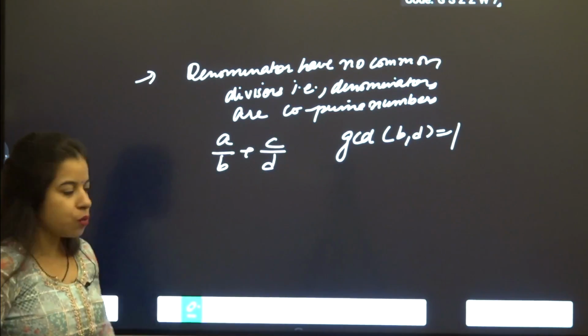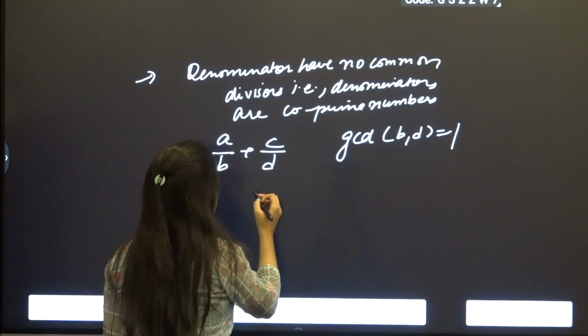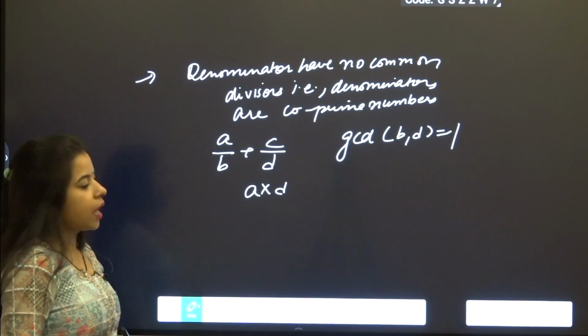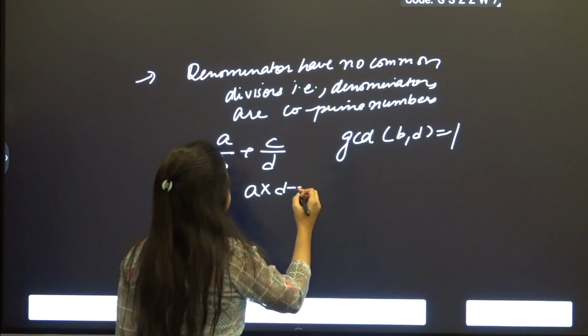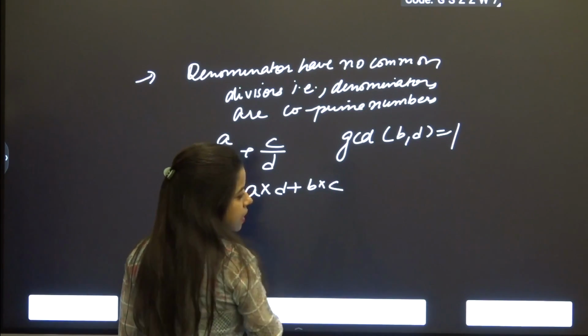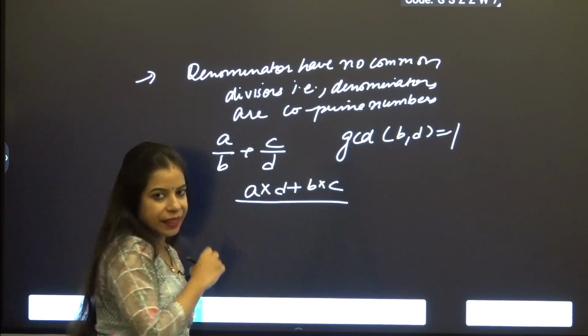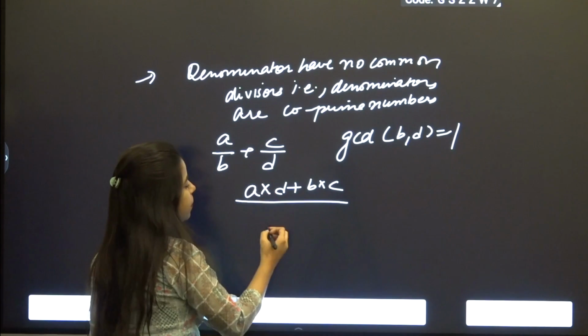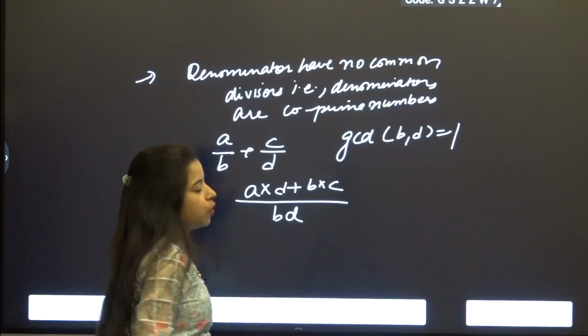So what is the rule that we are going to follow? We just have to cross multiply A with D and B with C, and we are going to add, and in case of denominator, just multiply both the denominators.